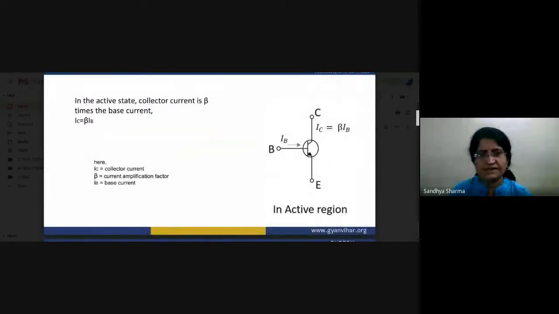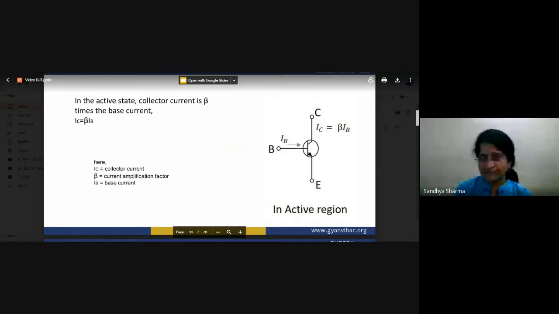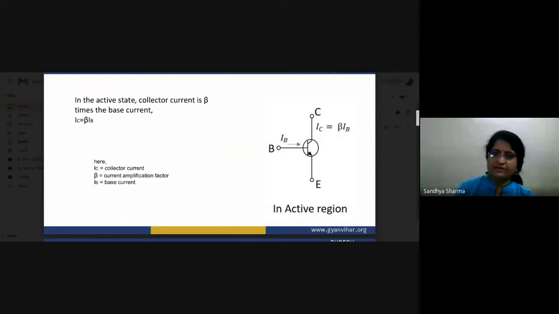In the active state, collector current is beta times the base current. Base current IB is your input current, IC is the collector current, and IC is beta times IB. Means there is a current gain, and that is the active region. So you have to work in this region. Your current will be amplified in the active region, so it will work as an amplifier.